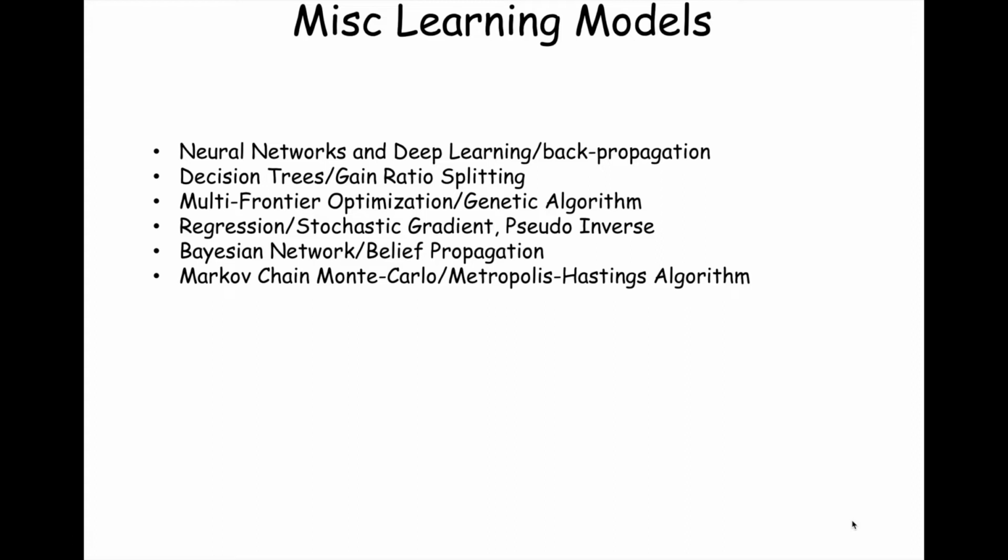Those that fail the test, you group those together, and then you successively run that iteration again until you end up with subgroups that all have the same labels. And so a decision tree is a category of function. It's a bunch of successive tests of value. And the method you use to search through those different tests of value is called gain ratio splitting. You're looking at the reduction in entropy in the labels associated with the resulting subgroups.